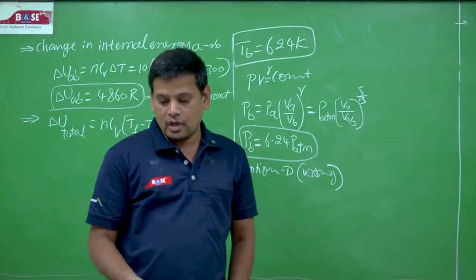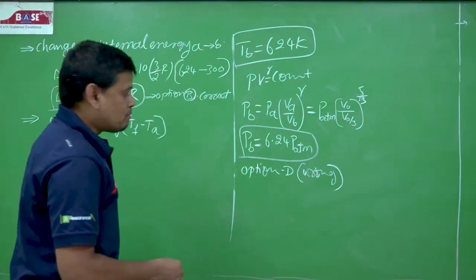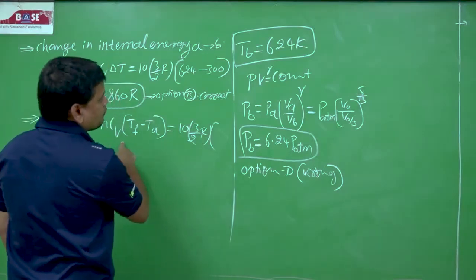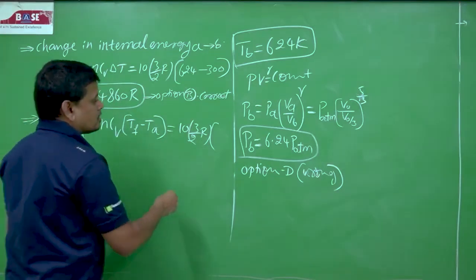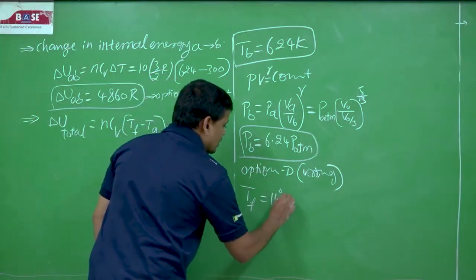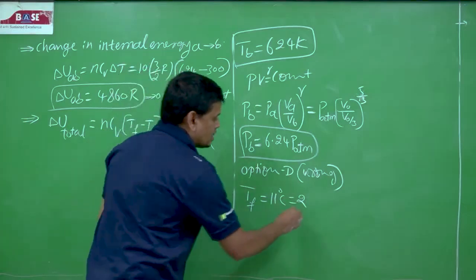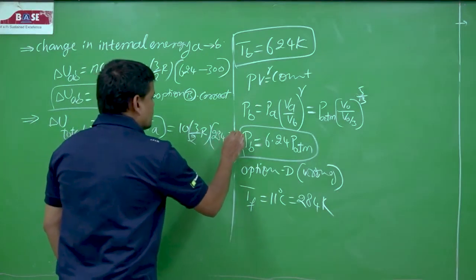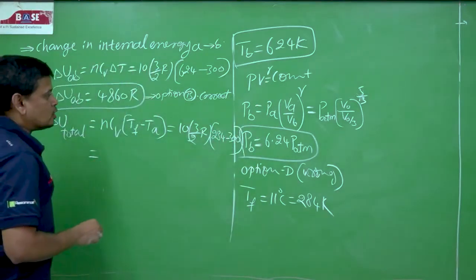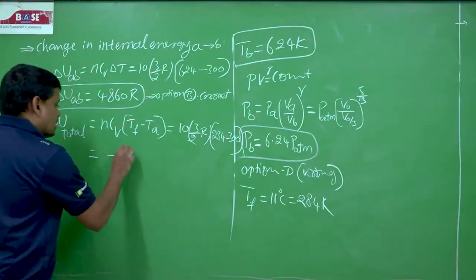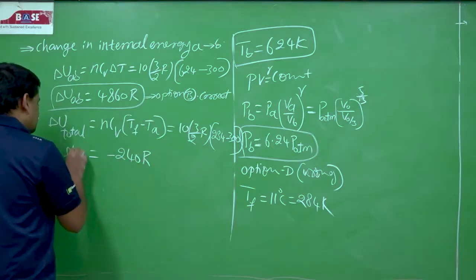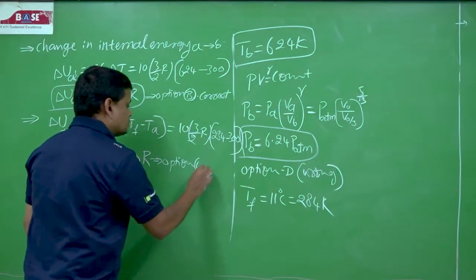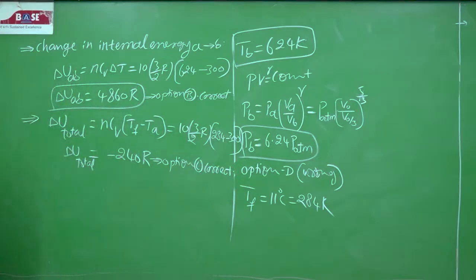Initial is A and final is point F. Substituting in the same manner, we get 10 times 3 by 2 R. The temperature at F is the water bath temperature, which is 11 degrees Celsius, equal to 284 Kelvin. So 284 minus 300 gives a negative value, and I get overall minus 240 times R. This concludes that option C is also correct.